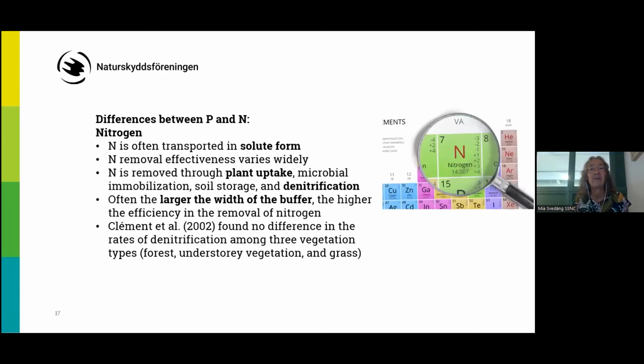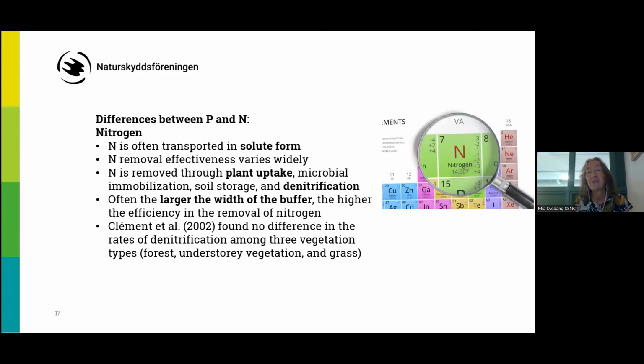On the other hand, when you look at nitrogen, nitrogen is often transported in solute form. And the removal of nitrogen varies very much in different areas and in different processes. Nitrogen is removed through uptake from plants, for instance, and also from microbial immobilization.